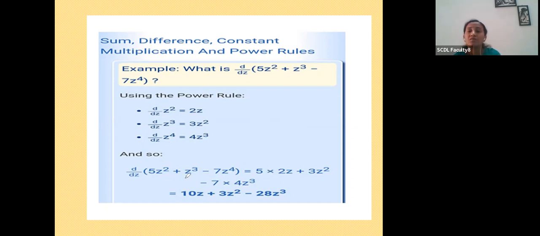Now plus z cubed; instead of z cubed, we go with this answer, plus 3z squared. So I have written here 3z squared. Now again 7z to the fourth. Here z to the fourth is 4z cubed, so we have written 4z cubed, but it again multiplies with the 7. When we go about solving this, don't change the sign. Keep it the same.